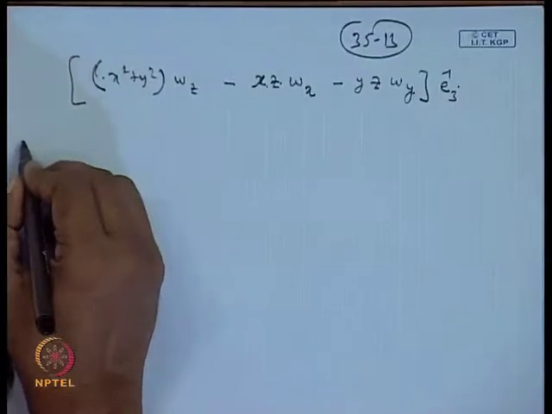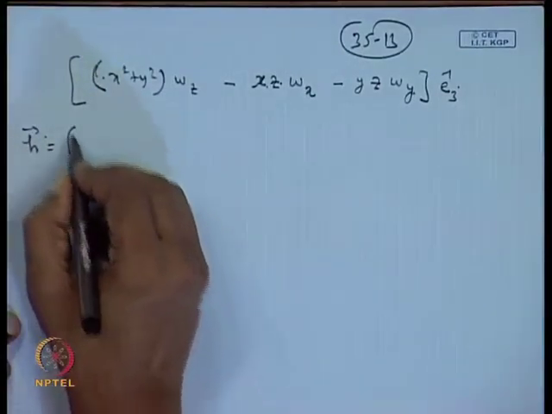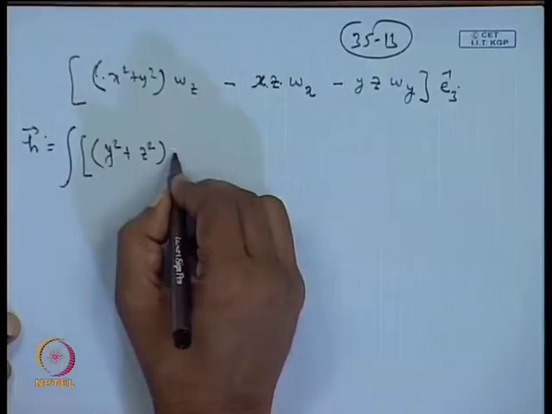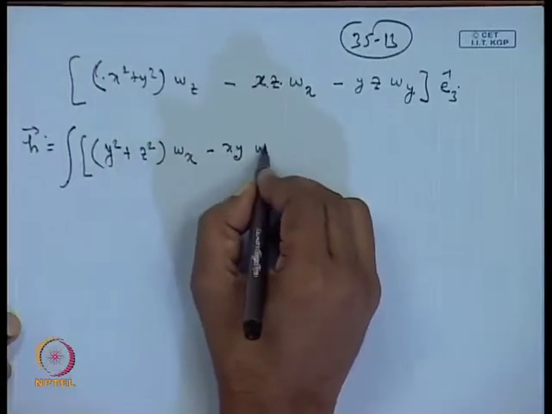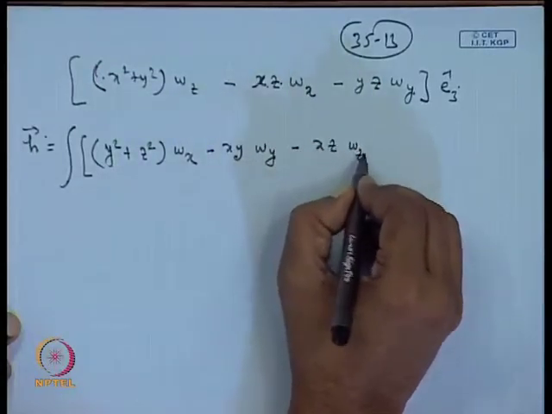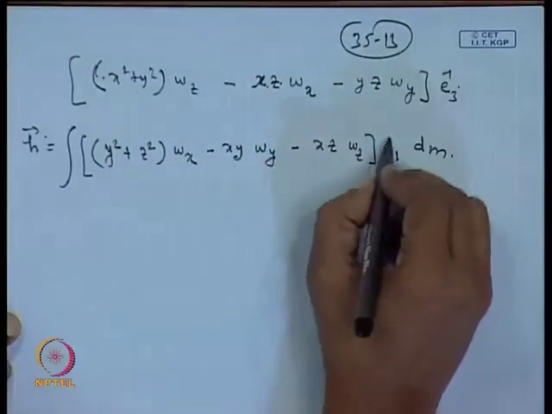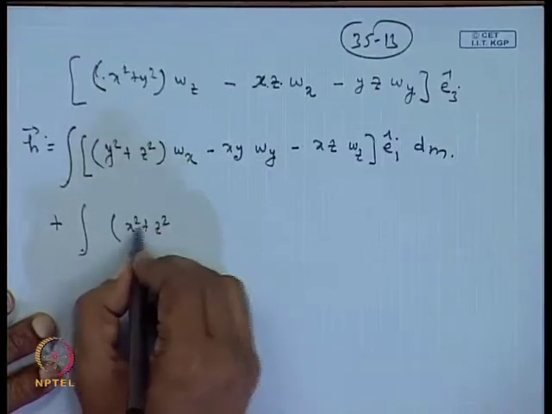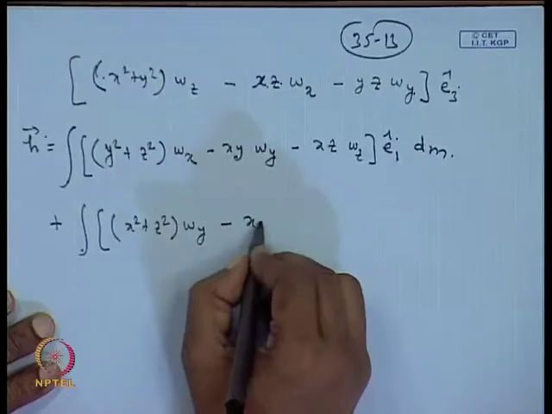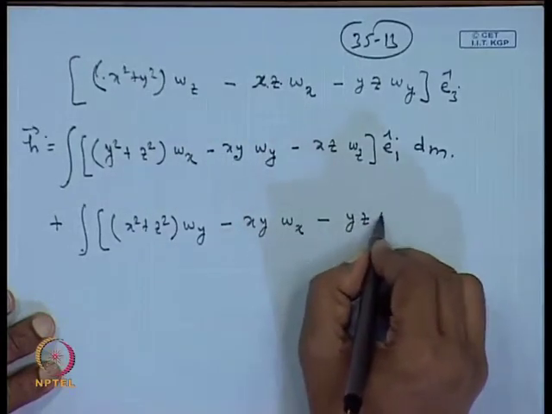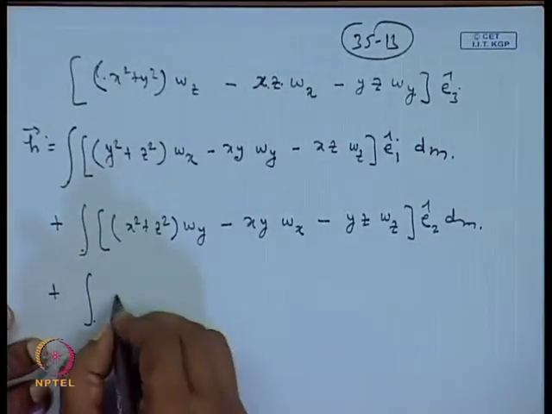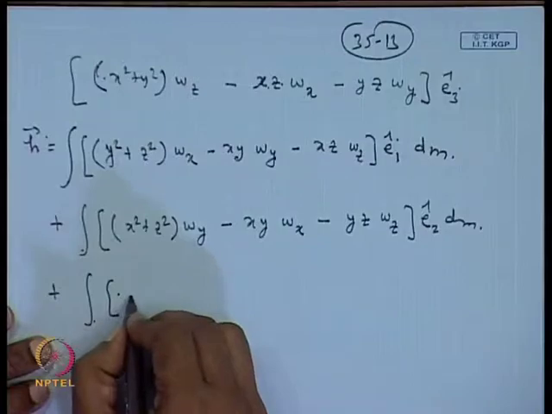Okay, so, once we have written this, h can be written as, inside the integration sign, y square plus z square E 1 cap d m, plus the last term we wrote as this is the last term.